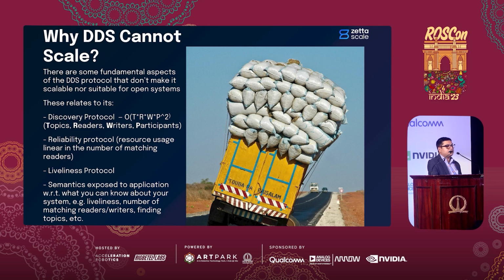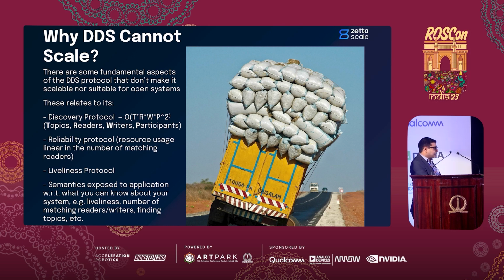In that way, it consumes a lot of memory. So you can say the reliability protocol we have in DDS is a resource hungry protocol. So again it is a bigger challenge in ROS2.